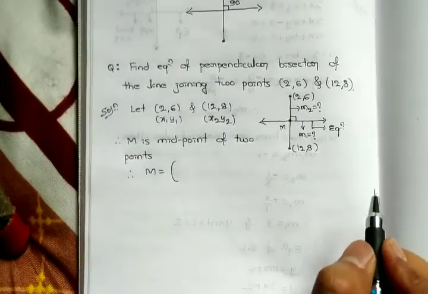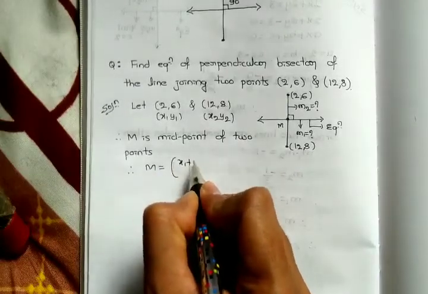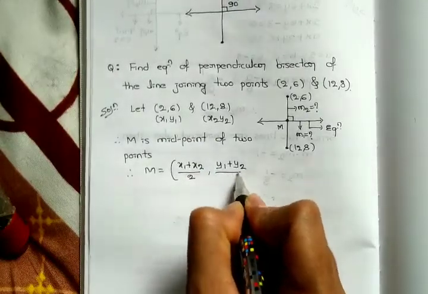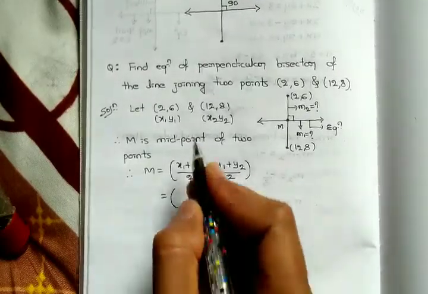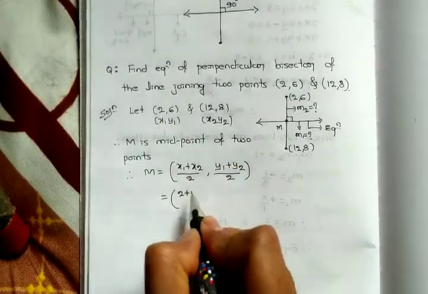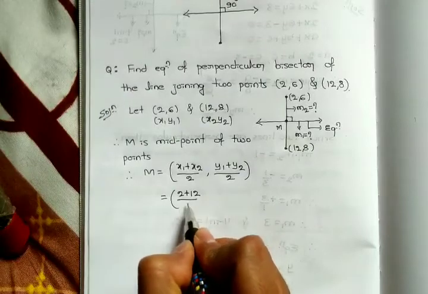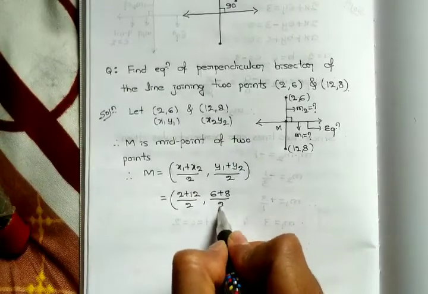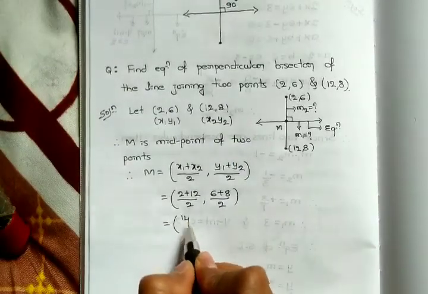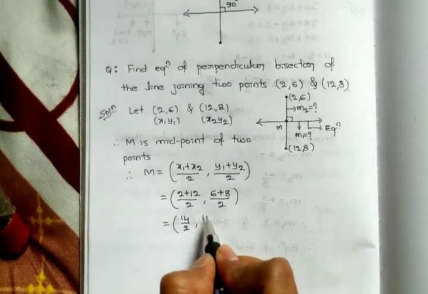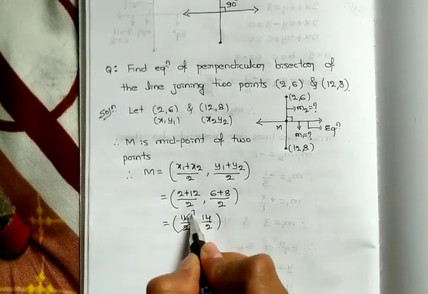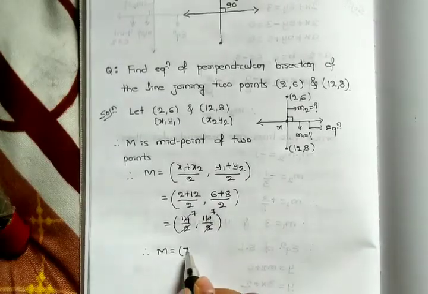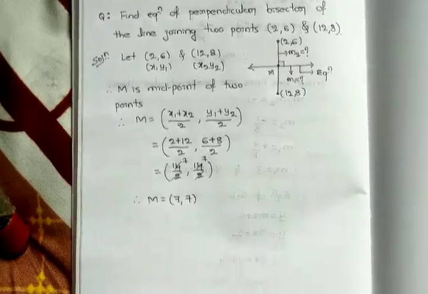The midpoint formula is M = ((x1 + x2)/2, (y1 + y2)/2). Substituting: (2 + 12)/2 comma (6 + 8)/2. So it is 14 divided by 2, and 6 plus 8 is again 14 divided by 2. 2 sevens are 14, so M is (7, 7). So you got the M value.